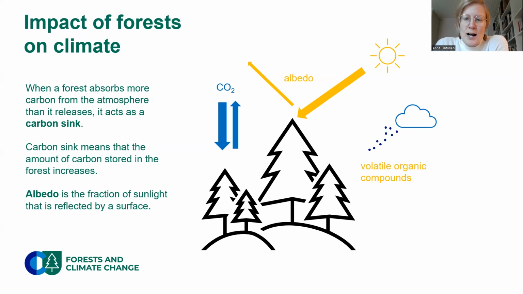And both these aerosols and clouds reflect sunlight back to space. And this is why, through aerosols and clouds, these volatile organic compounds are having a cooling impact on climate. So forests have many different kinds of impacts on climate.